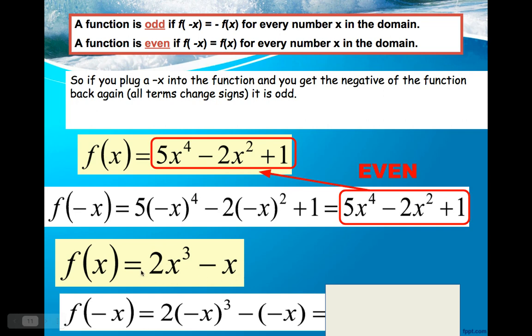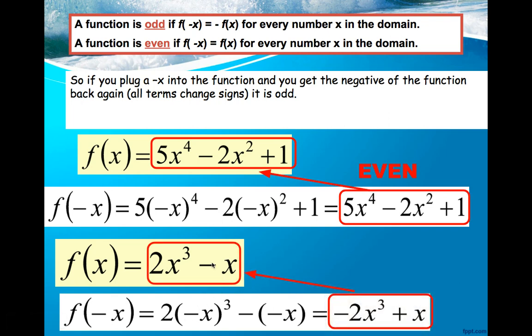Now notice how every single one of our pieces in our equation changed. Our 2x to the third is now negative 2x to the third, and our negative x is now a positive x. Because every single one of our signs changed in our equation, we have an odd function.